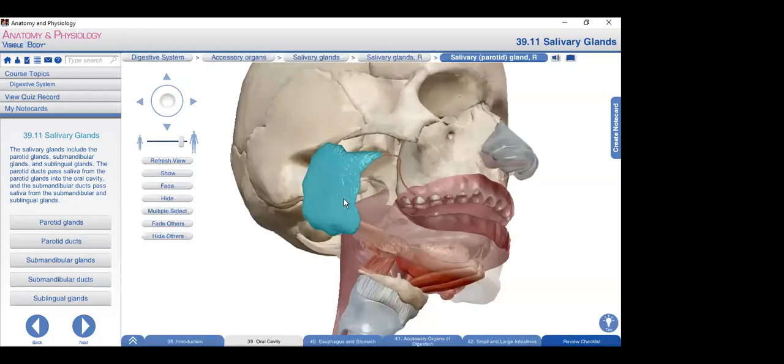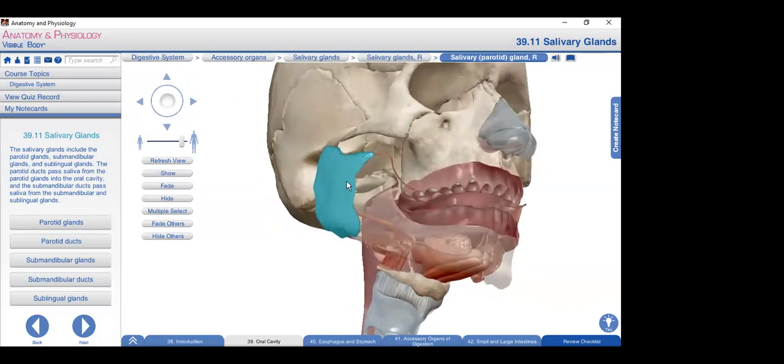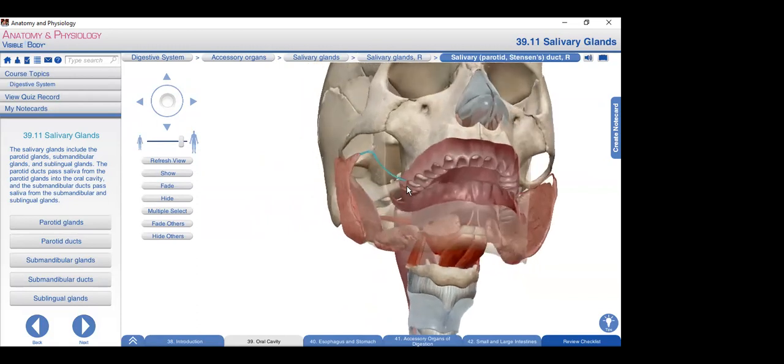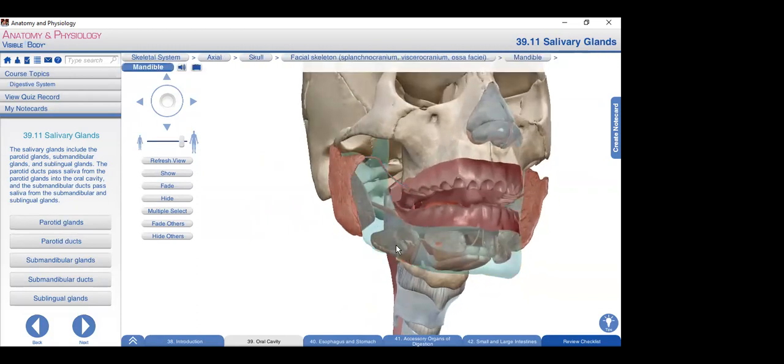This is the parotid gland, which lies behind the angle of the jaw. This is the parotid duct, which opens opposite the second upper molar tooth. Now hide the mandible.